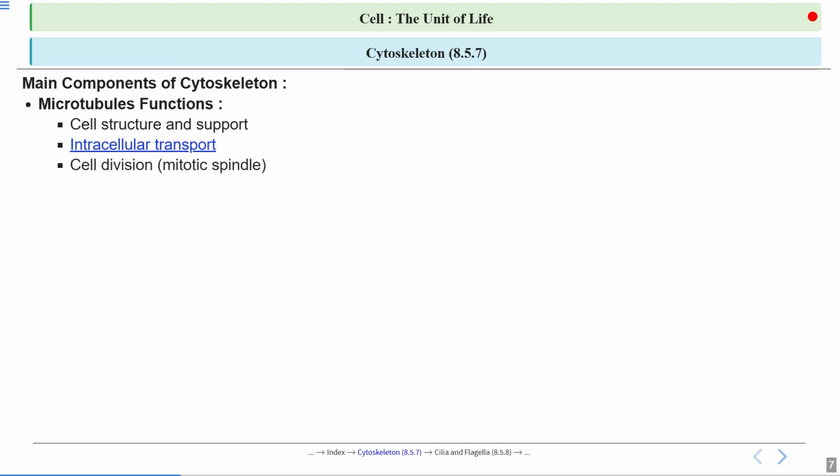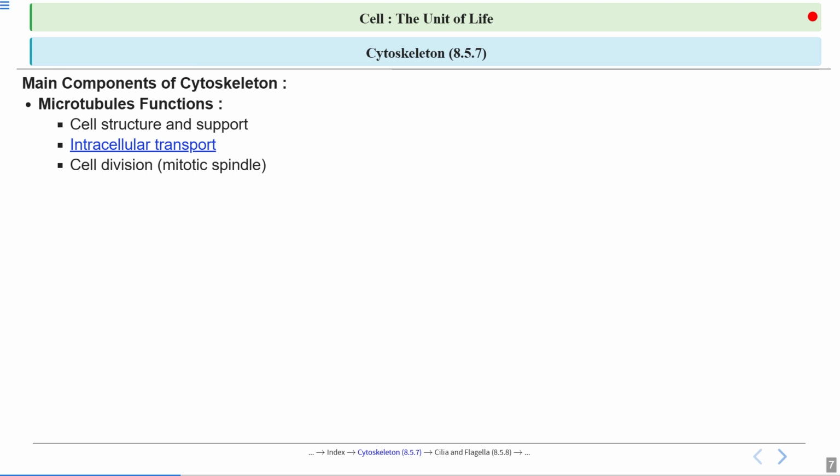They help in cell division by forming the mitotic spindle. So what happens during cell division, or mitosis? These microtubules form the mitotic spindle. Spindle fibers are formed, and these spindle fibers are made up of microtubules.